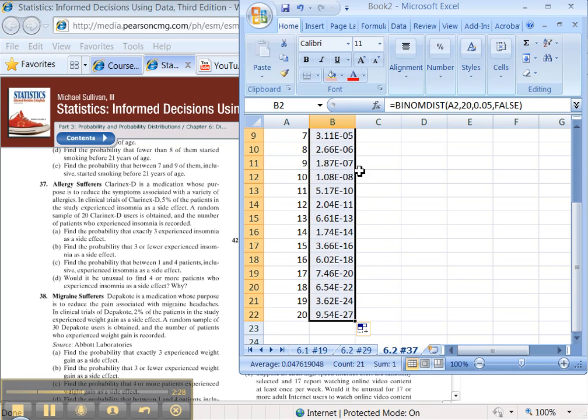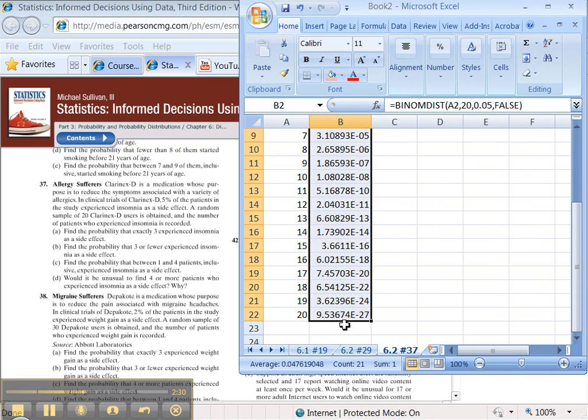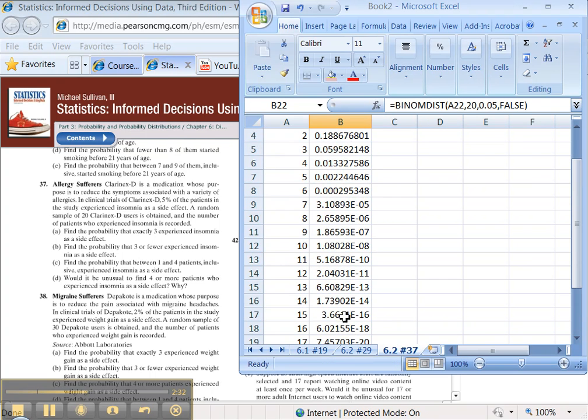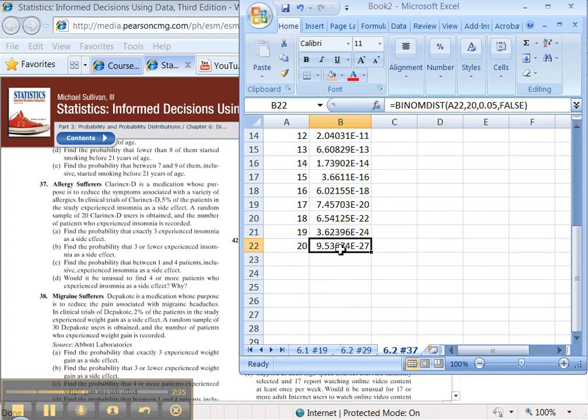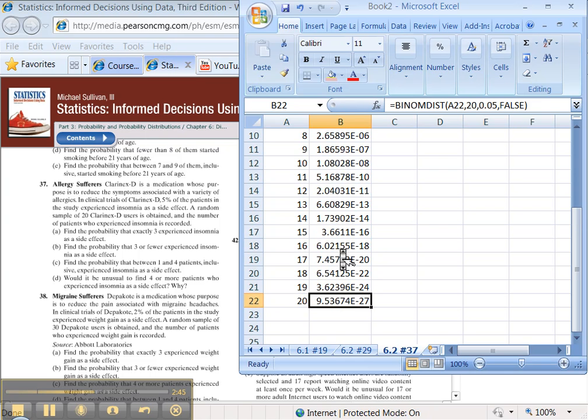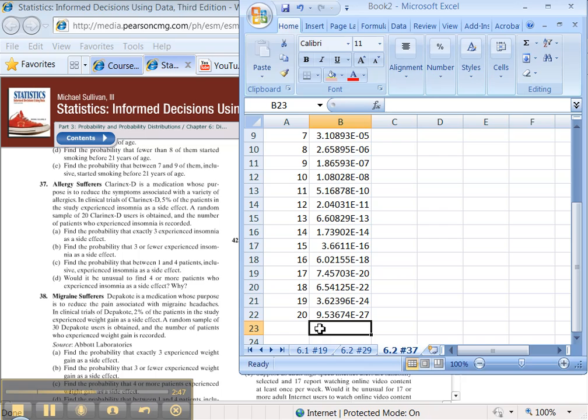There we go. Now, just real quick, I want you to notice down here, these are really small. What's going on here? It's not 9.53, of course. You can't have a probability that's higher than 1, right? Remember that from Chapter 5? Well, what this is, is 1, 2, 3, 4, 5, and so on, 27 zeros, then 9, 5, 3, 6, 7.